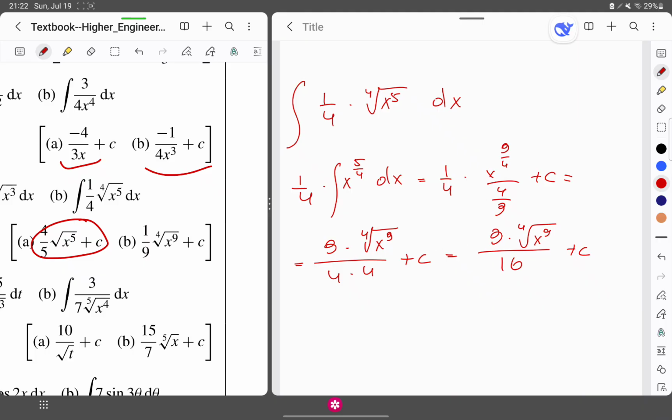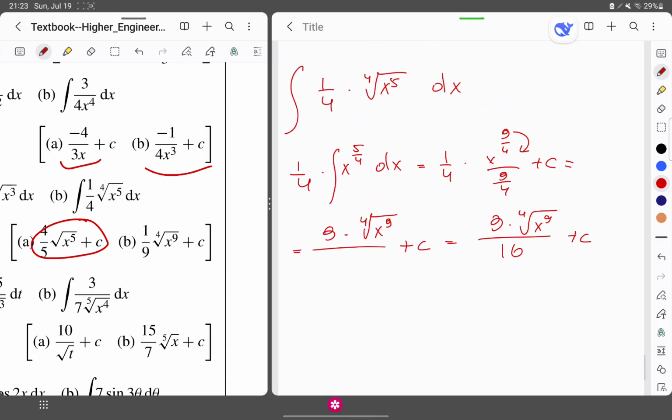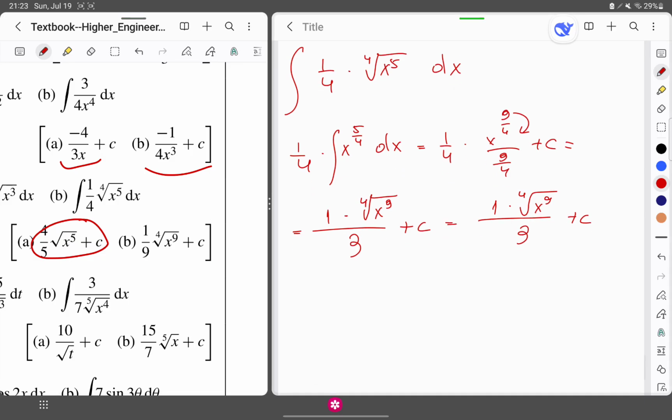Okay, that part is true, but 1 over 4 times 9 over 4 of what? Okay, that must be the same. 9 over 4, and wait, just wait. 4 over 9, 1 over 9. Yes, now it's true. Yeah, that's true right now.